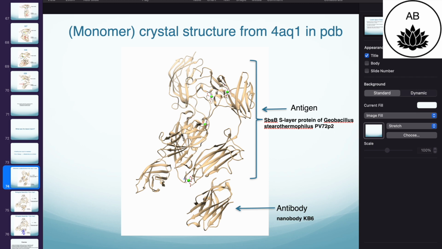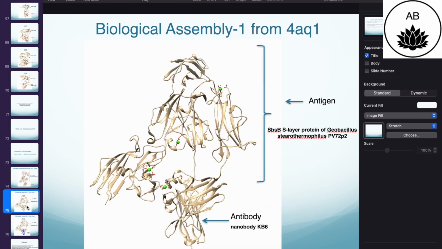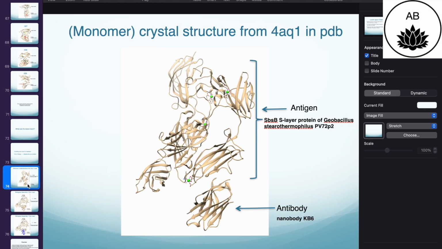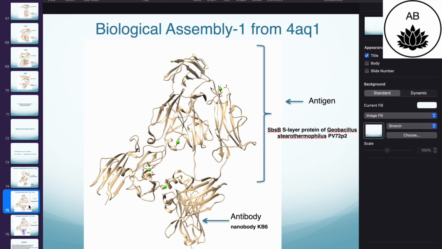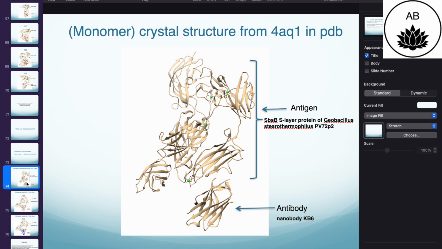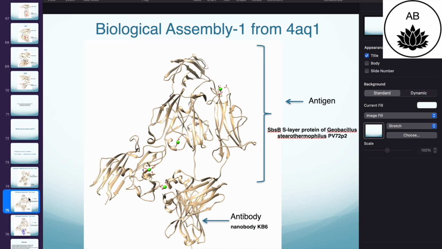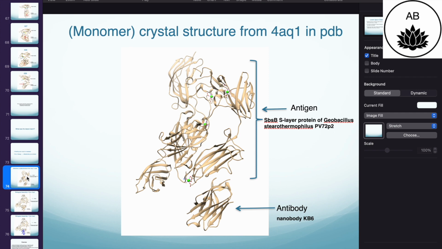Here you will see that the antibody or the nanobody is down here below, whereas the two close by calcium ions are way up. So the orientation is very different. So we are not talking about the same interactions actually. That is to say, the intermolecular interactions between the antigen and the antibody are not the same. They are different in the structures.